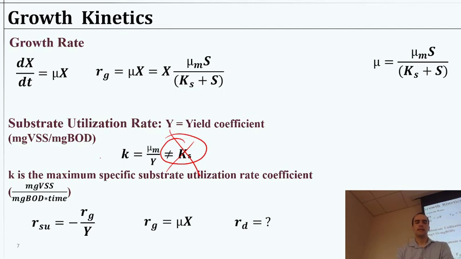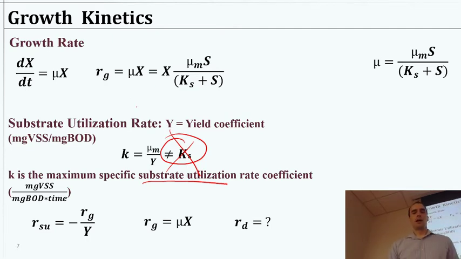New k, this is the maximum specific substrate utilization rate coefficient, which sounds a lot like mu max. This is substrate utilization. That's the difference between the maximum specific growth rate coefficient. This is the maximum specific substrate utilization coefficient.